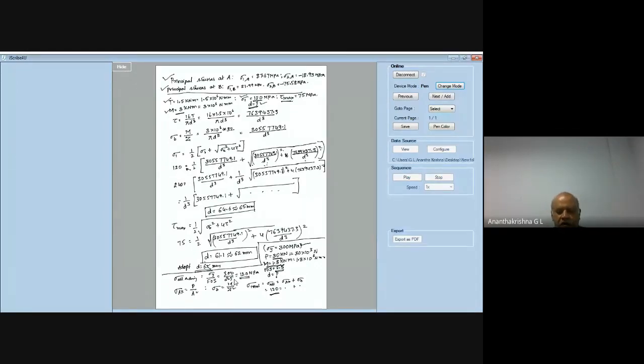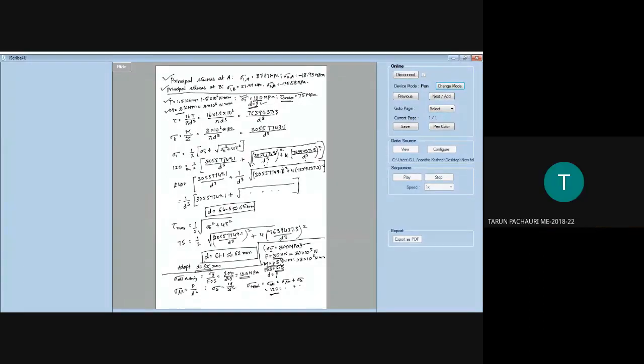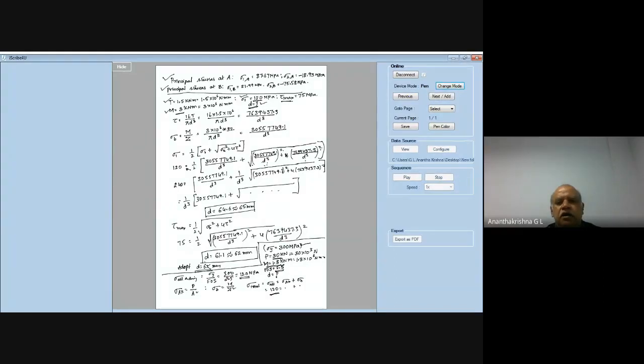Give me the diameter of the shaft rod. 55.44 mm. Exactly, that's correct. That is 56 mm. Others, please work out. Anybody not getting this value? You have to get it.